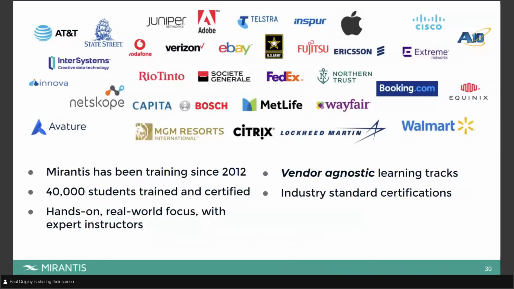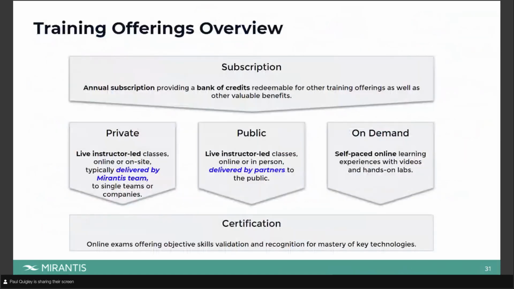Okay, so from Mirantis Training, I'm going to skip this slide. You've got learning credits, which you can then use for private, public, or on-demand classes or your certification exams. So when you sign up with those credits, you can pay for the classes or the exams using those credits. Private, same content delivered by the Mirantis team.